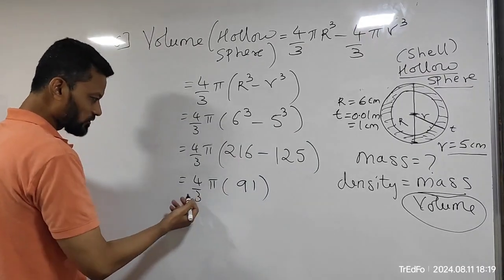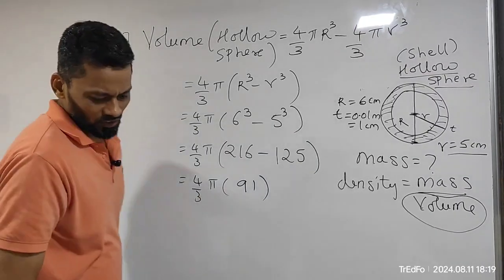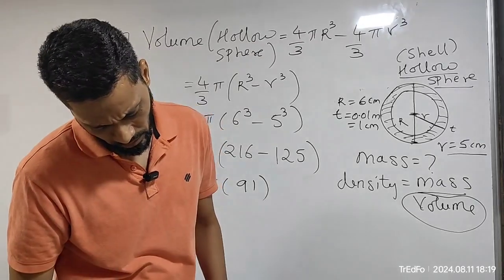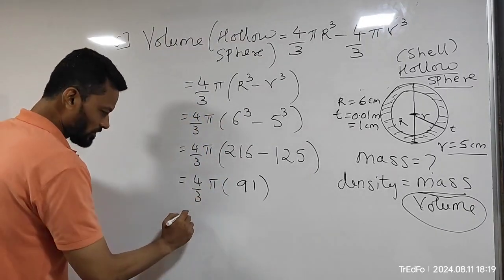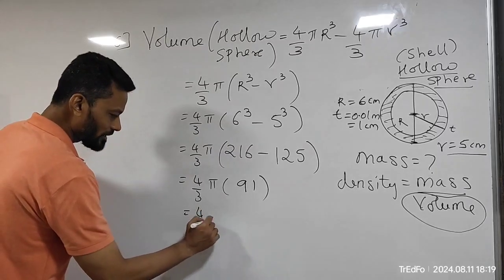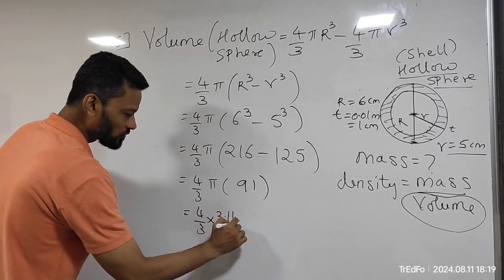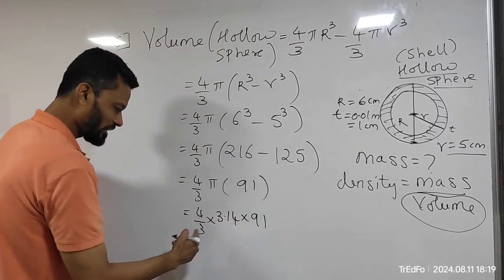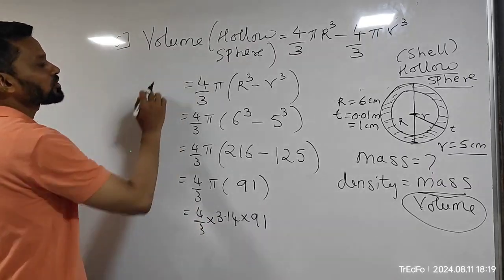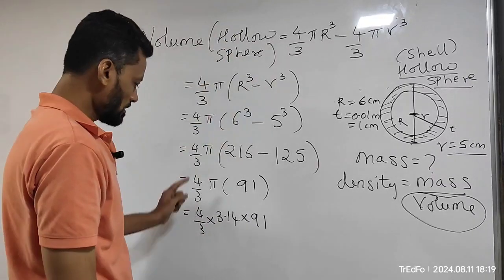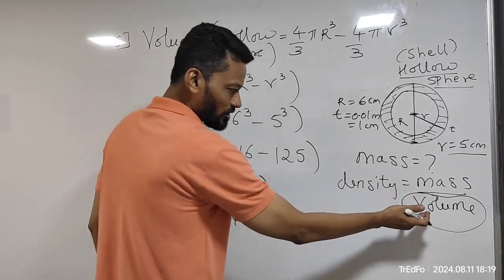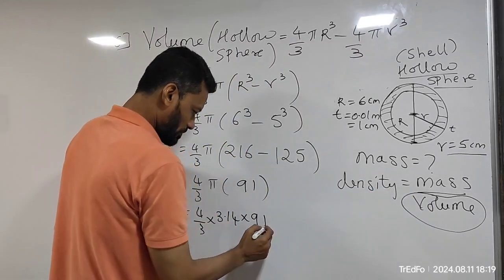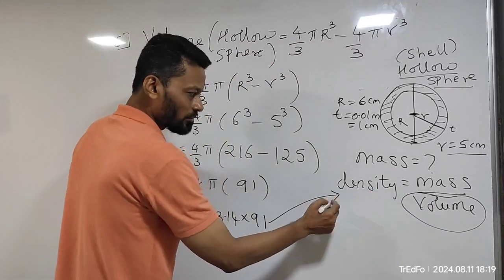4 by 3 pi. Have they given the value of pi here? No. So we leave this as it is. Later on we can use it, or it's 4 by 3 into pi is 3.14 into 91. Don't cancel, leave it as it is. We got the volume of the hollow sphere using this. Density is also given, volume is given, so I substitute these values in this formula.